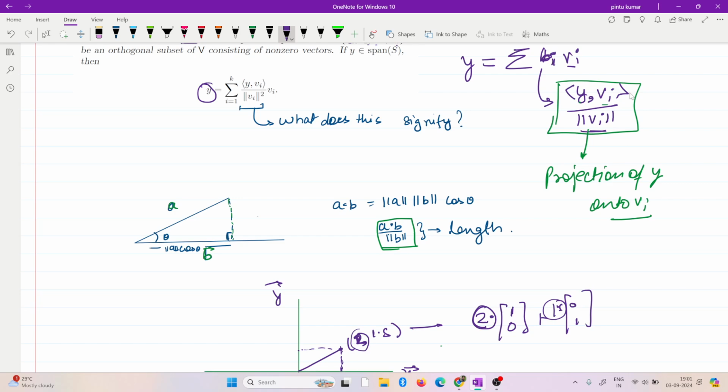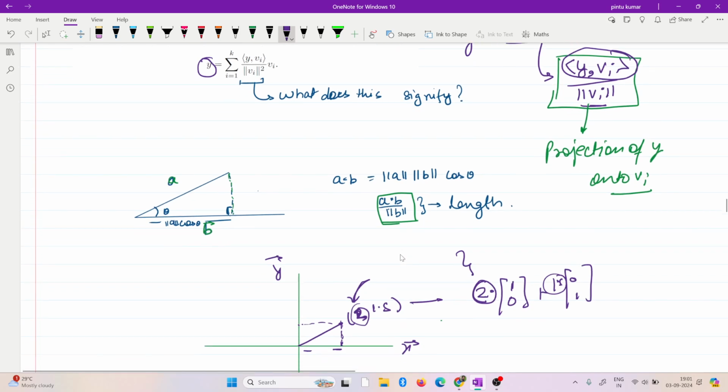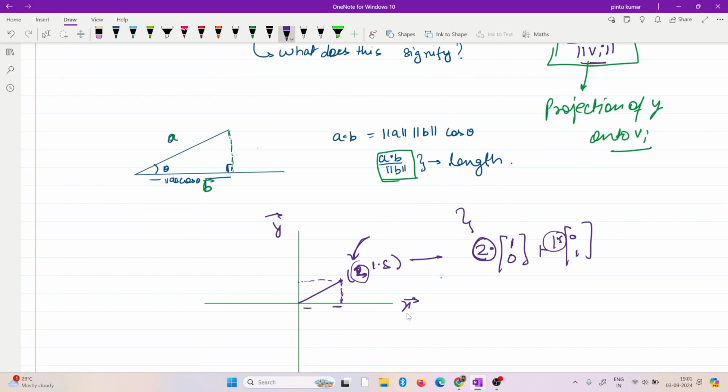So you can just take the projection, and that is your coordinate corresponding to that particular choice of basis. It is very similar to what you do in R2 or Rn coordinates, when you take x, y, z as your basis vectors. You can clearly see that your x and y are orthonormal basis elements.